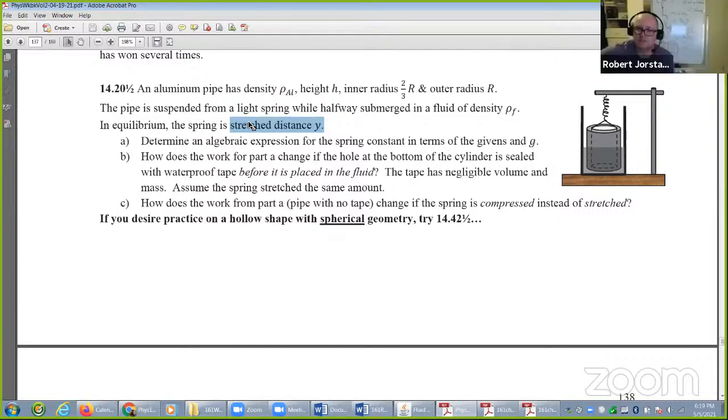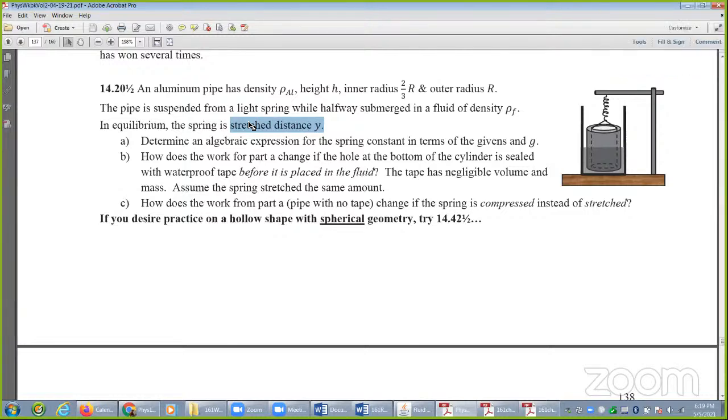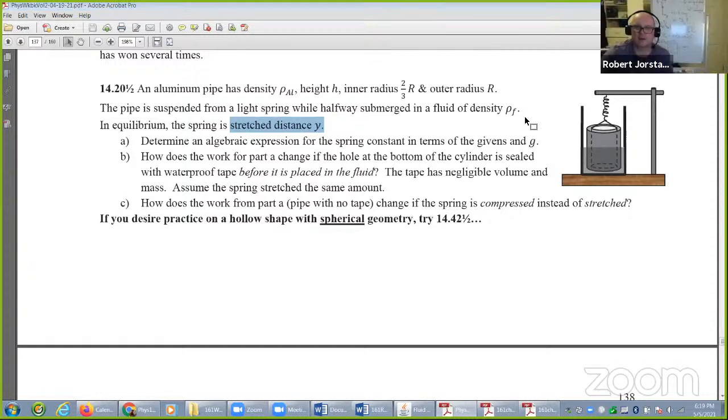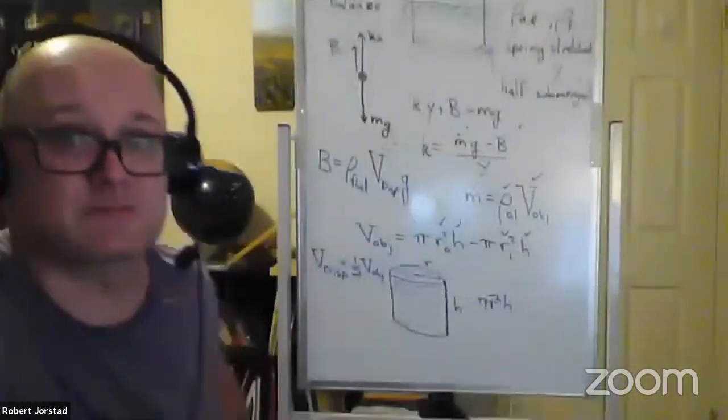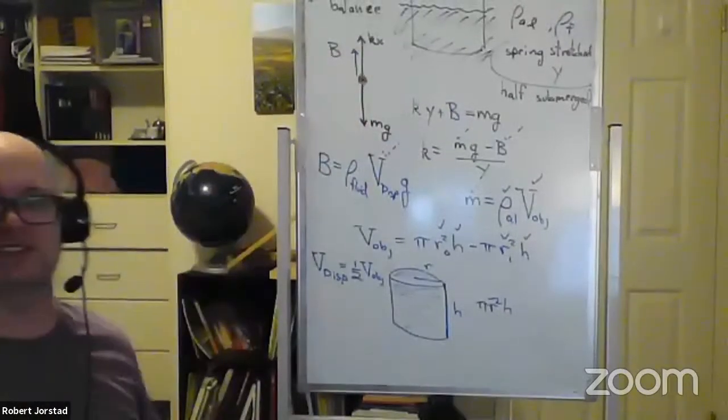So the volume displaced is still the same. Is anything different? The arrow for the force, aha. Oh, and there's the chat here. Oh, yeah, there it is, Alonzo. Thank you. That's the main difference. If it's compressed, the spring does not push up, it pushes down.